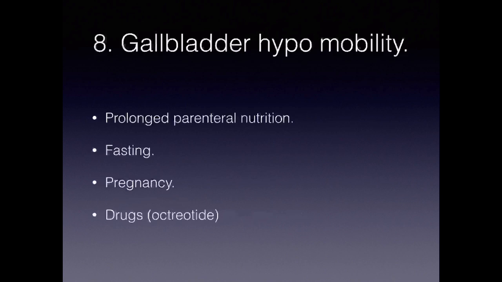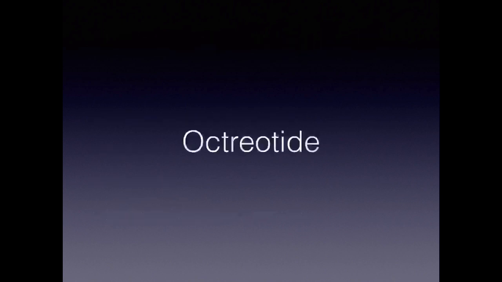Gallbladder hypomotility can be caused by 4 factors: prolonged parenteral nutrition, fasting, pregnancy, which we have already spoken about, and drugs. Drugs such as octreotide. Octreotide is known to inhibit hepatic bile secretion and gallbladder emptying.